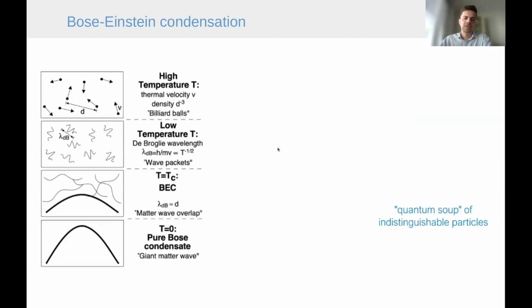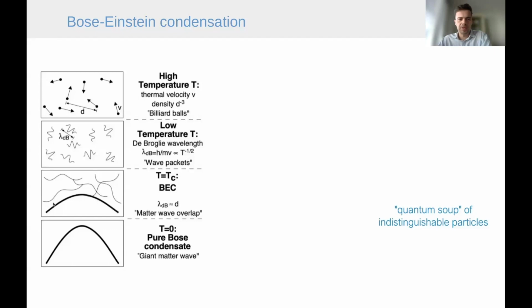So what happens next? As we continue to decrease the temperature, at some point, which is called the critical temperature, we will see a phase transition to a Bose-Einstein condensate. At this point, we will observe that a large number of particles, we say a macroscopic number of particles, which means a non-zero, significant fraction of particles, occupies the lowest energy state.